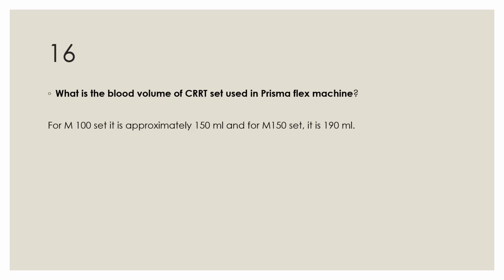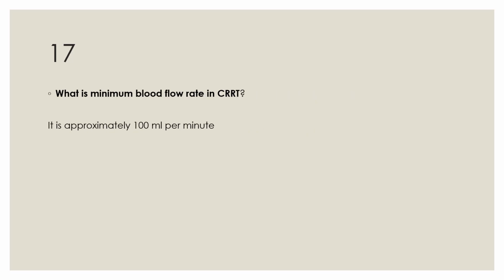What is the blood volume of CRRT set used in Prismaflex machine? For M100 set, it is approximately 150 ml, and for the M150 set, it is approximately 190 ml. What is minimum blood flow rate in CRRT?